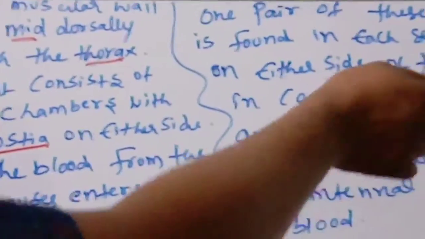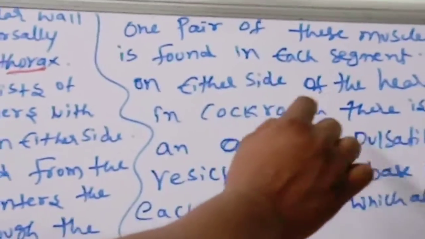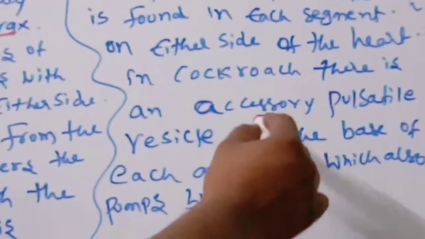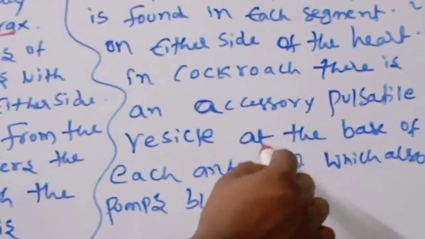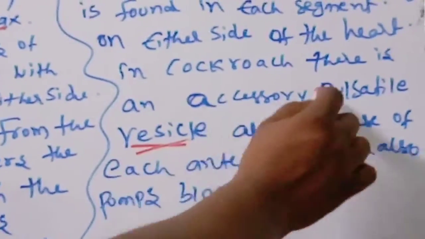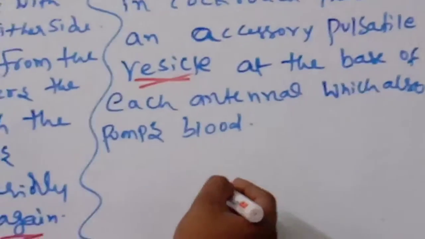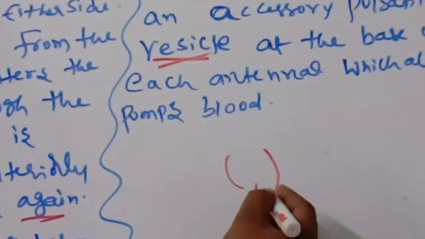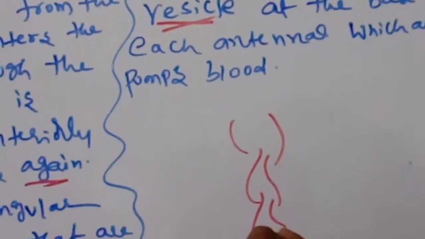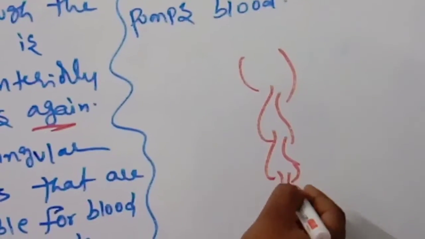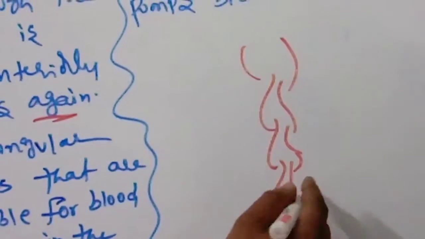One pair of these muscles is found in each segment on either side of the heart. In the cockroach, this accessory pulsatile vesicle is also there at the base of each antenna, which also pumps the blood. See, now this is the heart.